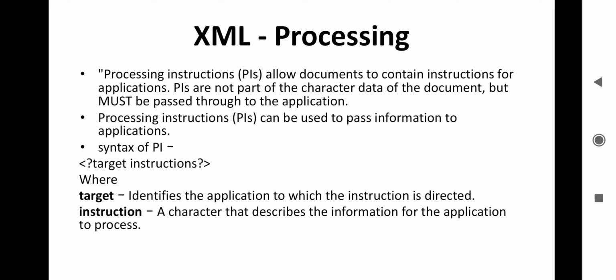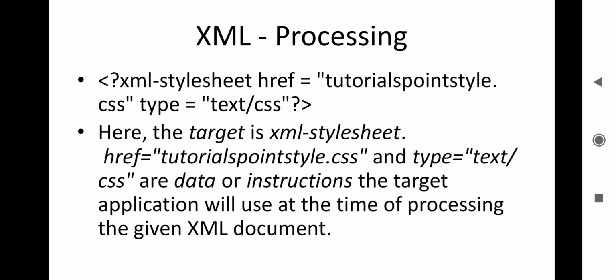So this is about XML processing. See here, target identifies the application to which the instruction is directed, and instruction describes the information for the application to process. Here is an example XML. Here is a prologue, xml-stylesheet.